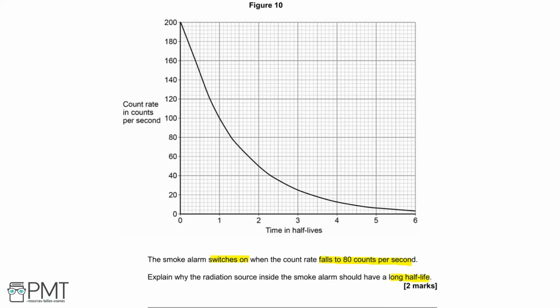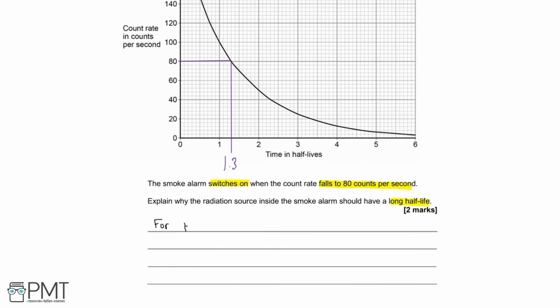So the data that they've given us is that the alarm switches on when the count rate falls to 80 counts per second. So on the y-axis, if we find 80 counts per second and move across to the line, and then find the corresponding point on the x-axis, we can see that this is at 1.3 half-lives.